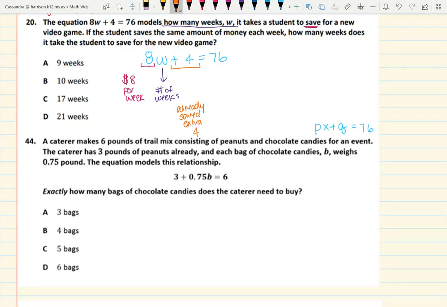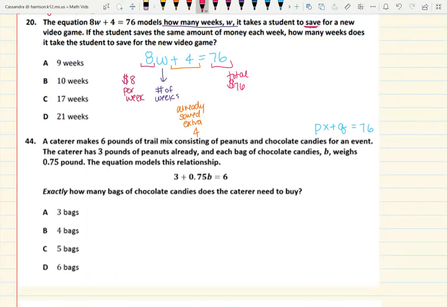So he probably already had $4 in his bank account. And then he's going to save $8 every week for some amount of weeks until he gets to a total of $76.